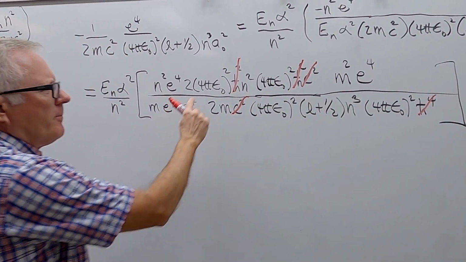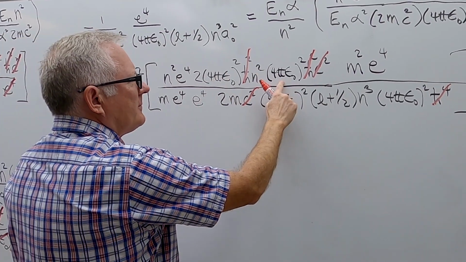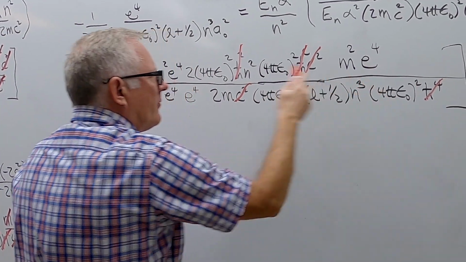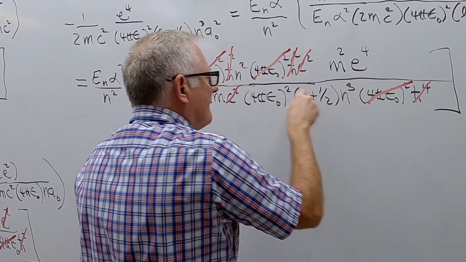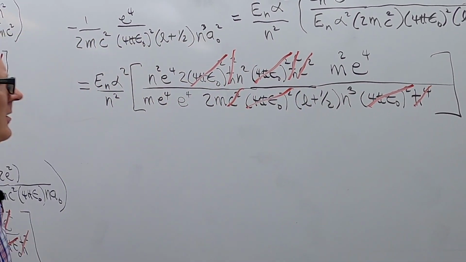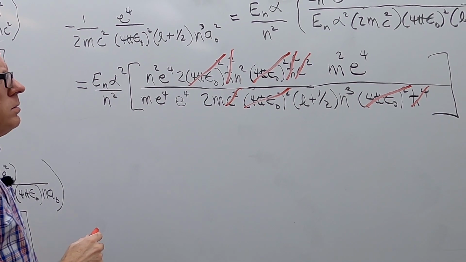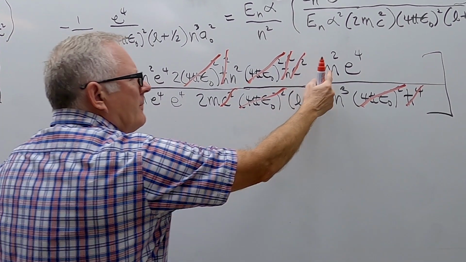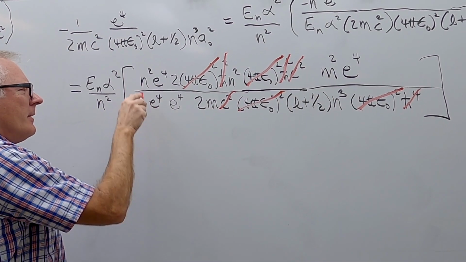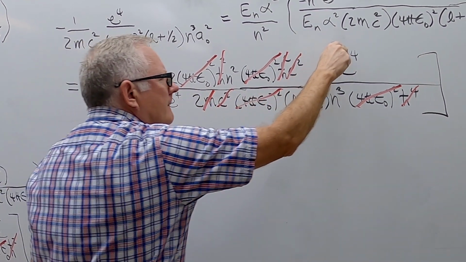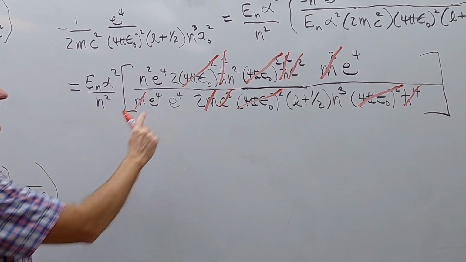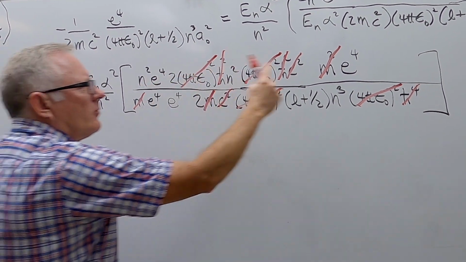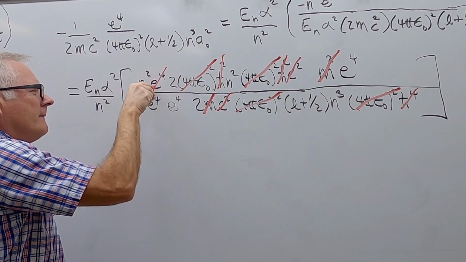We got the 4 pi epsilon naught factors, they're all gone. We've got an m squared and an m and an m. They're gone. We've got an e to the fourth in each, they're all gone.